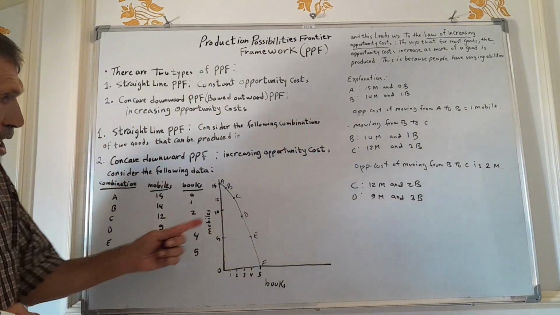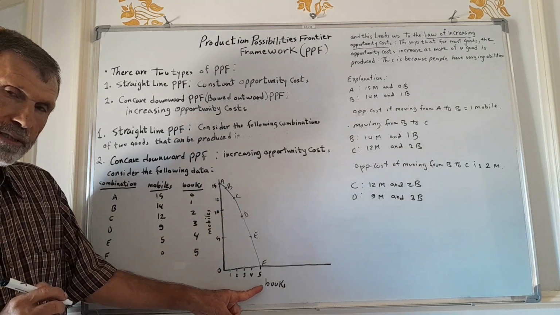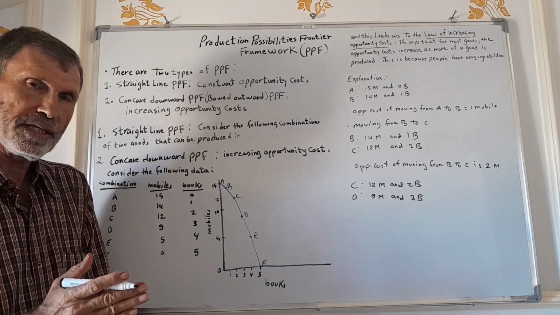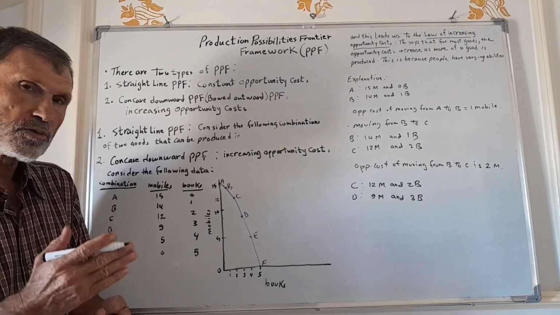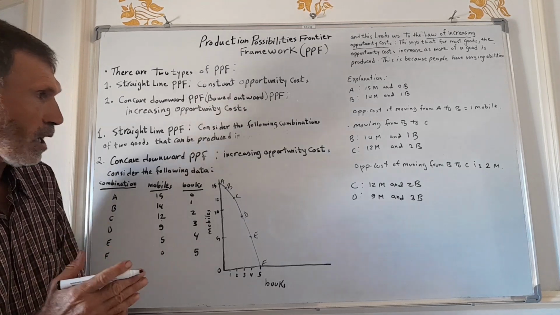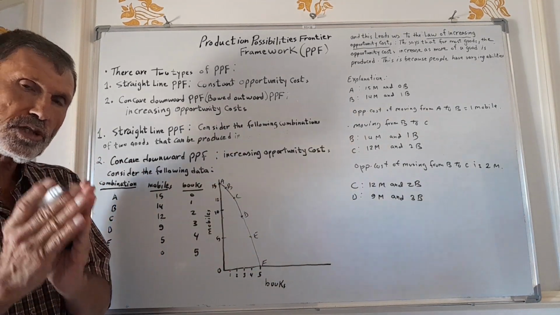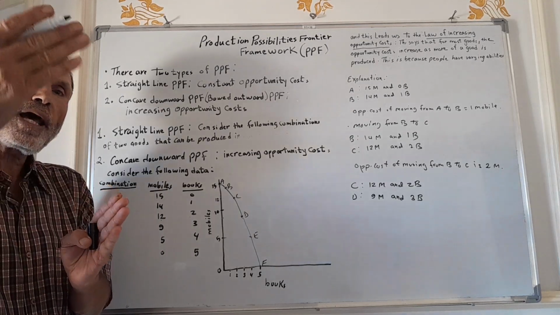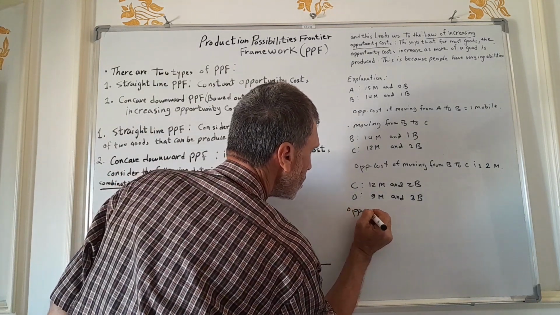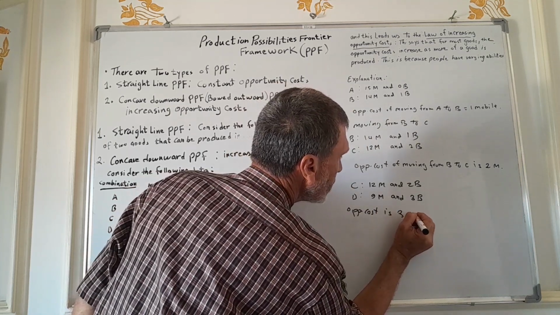So moving from C to D, we expect an increase in the production of books and a decrease in the production of mobiles. As it moves from C to D, it forfeits 3 mobiles, and this is the opportunity cost of producing 1 additional unit of books. So the opportunity cost is 3 mobiles.